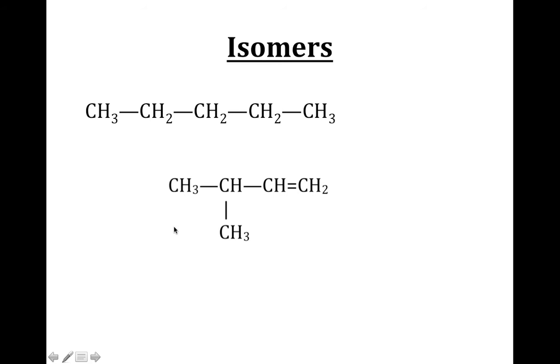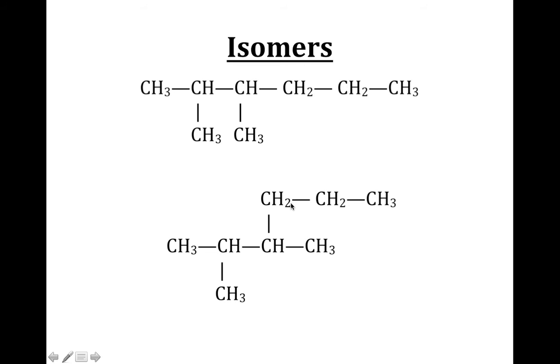In the other case, I have C5H10. And since they have different molecular formulas, then they are unrelated in this game. In fact, we know this is an alkane, and this is an alkene, and it would have quite a different name.